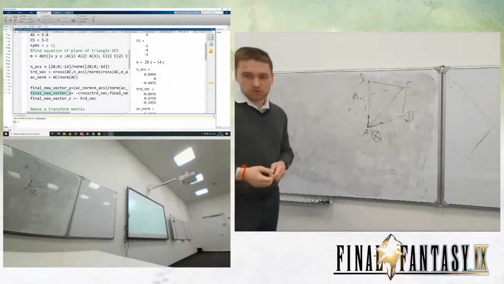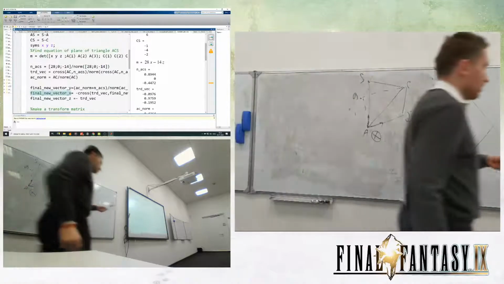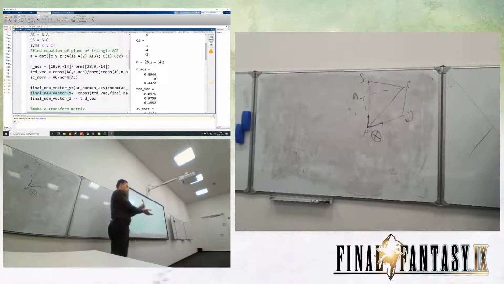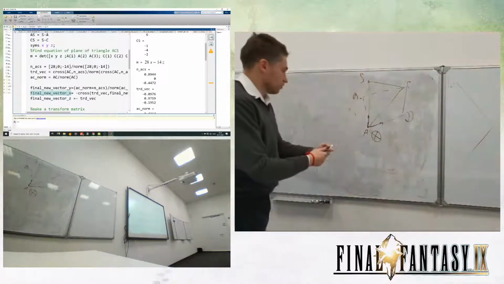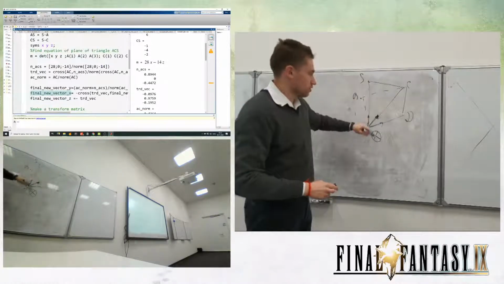Second one, I tried to find this third vector. What is it? The cross product between AC and this one. Actually, using this way, I'm finding the normal to the AC line. How? So we have this and AC. How can we find the AC vector?